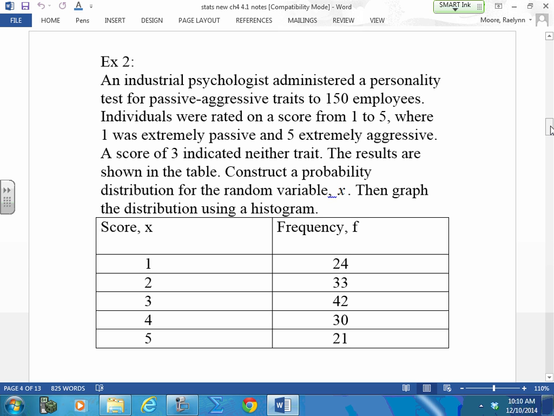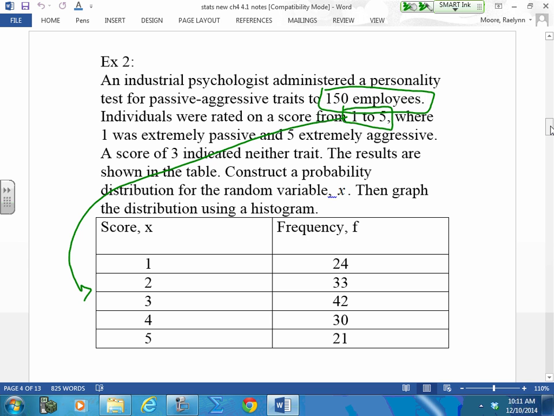I'm on page 192. An industrial psychologist administered a personality test of passive-aggressive traits to 150 employees. Individuals were rated on a score from 1 to 5. See the 1 to 5 in our table? That's one of the cases we don't use a 0.